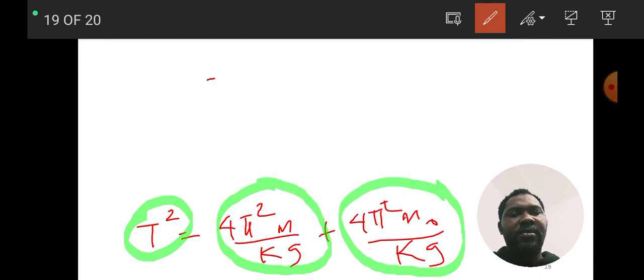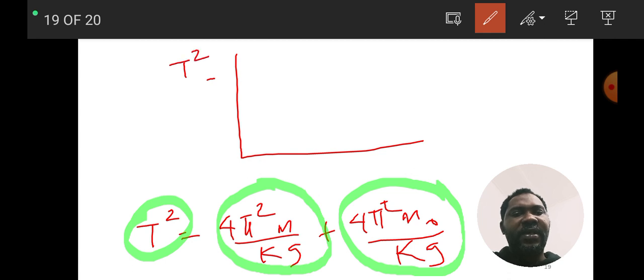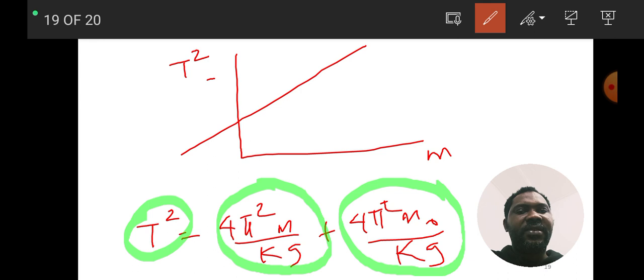First of all, you're plotting a graph of T squared against m, because like we said in the previous video, you're plotting a graph of a dependent variable against an independent variable. We are going to have a straight line graph which cuts the positive y-axis, with a positive slope.